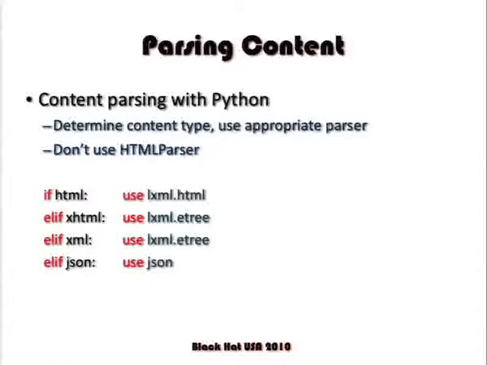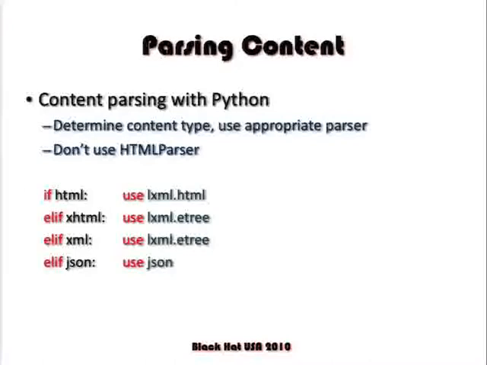And the author of Beautiful Soup expressed not wanting to continue supporting Beautiful Soup, so he recommends everyone use LXML instead. It's a nice library for XML parsing. And the other library for parsing things like JSON is actually JSON.